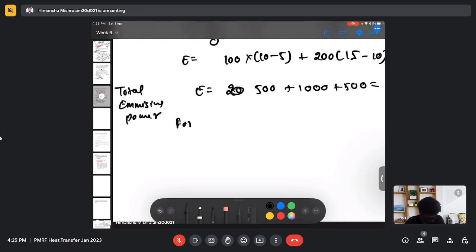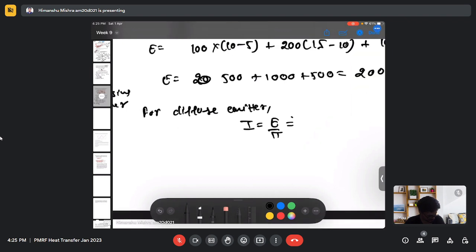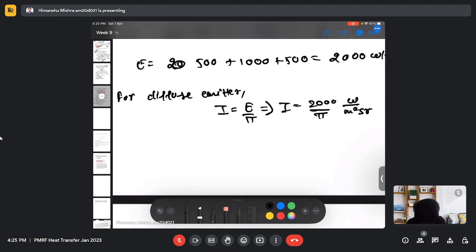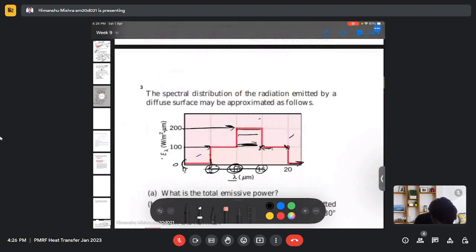So for a diffusive emitter, my intensity will be E by pi, which is 2000 by pi watt per meter square per steradian.